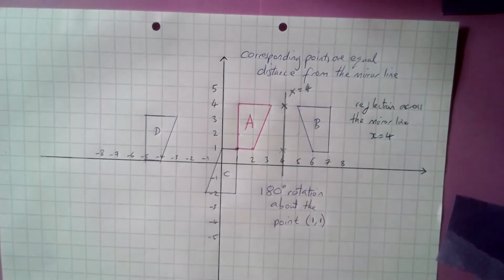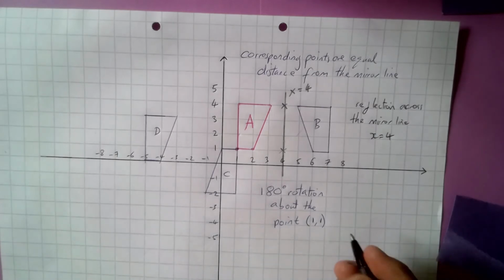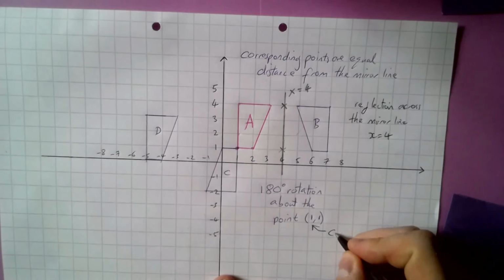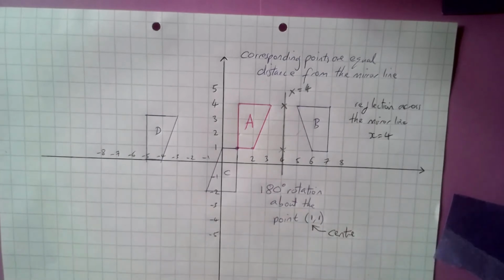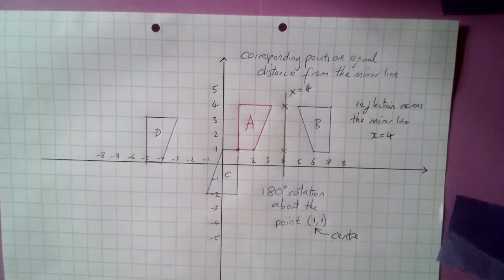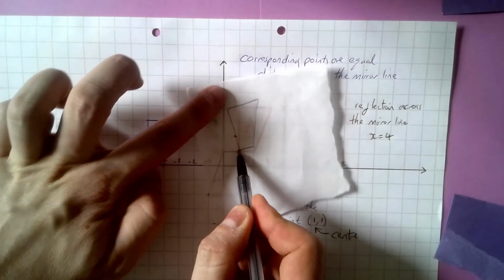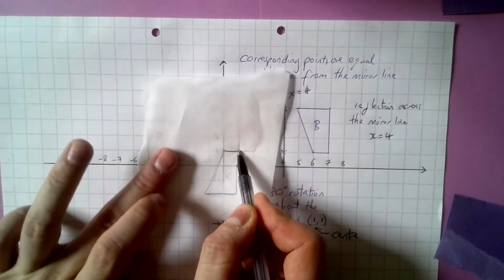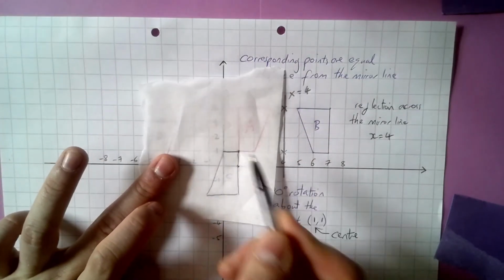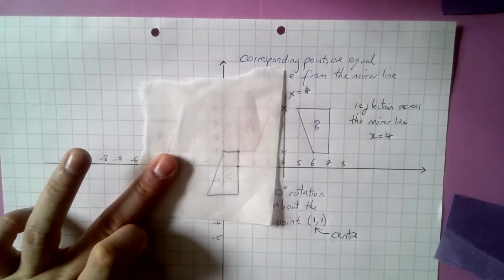So the transformation to go from A to C is a 180 rotation about the point 1, 1. 1, 1 is the center. I put the angle that I need to rotate. I haven't actually put the direction because a clockwise rotation of 180 is the same as an anti-clockwise rotation of 180 because they're both going halfway around the circle.